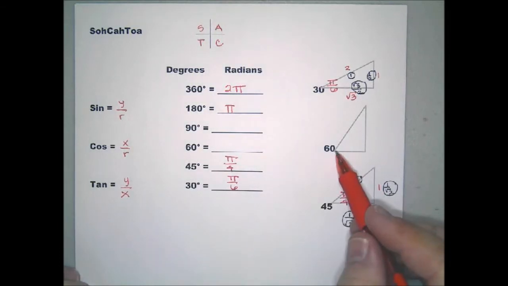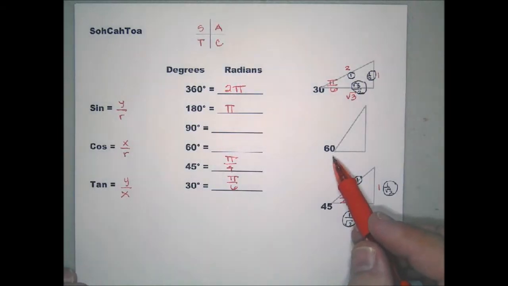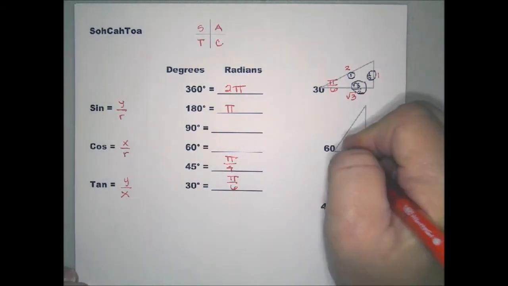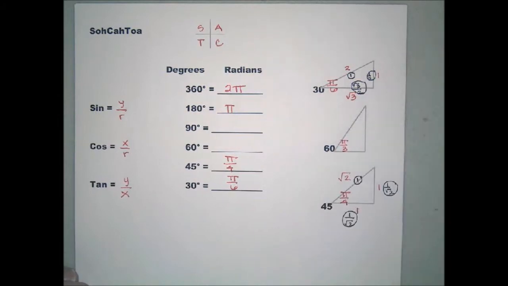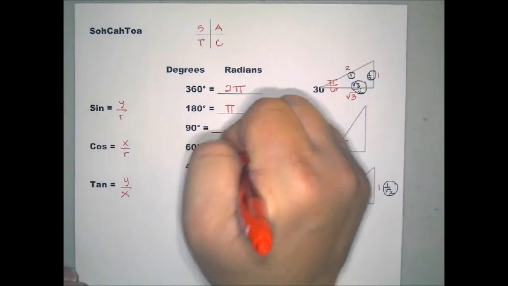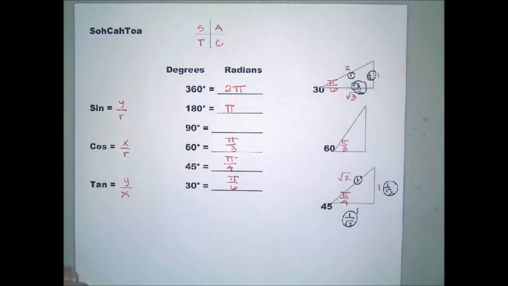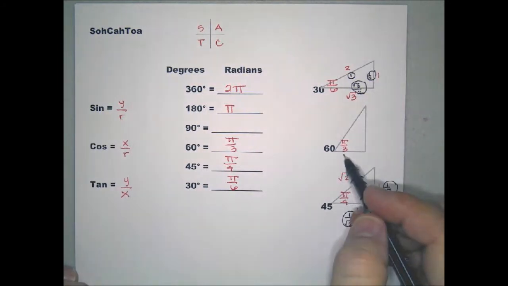Now let's go to the 60-degree angle. 60 degrees is the equivalent of pi over 3. But it doesn't change the format of the triangle.